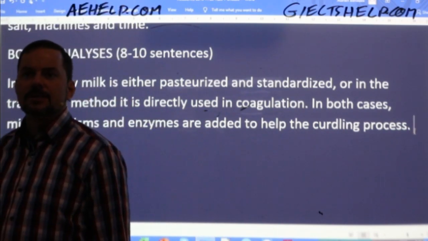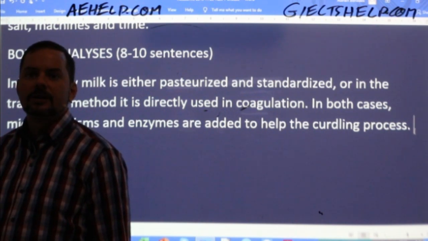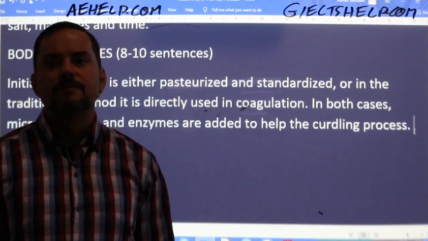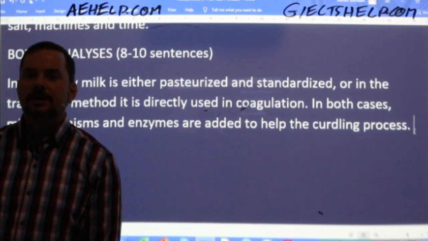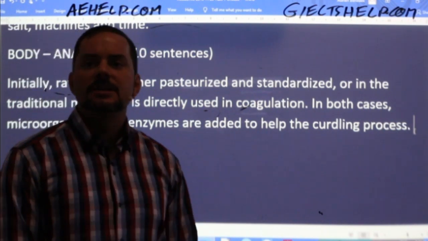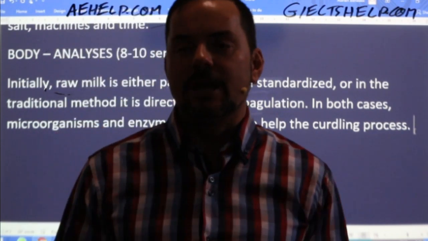Ryuk says, firstly, the milk is required in either traditional method or through pasteurization. Ryuk, good. Just watch your grammar a little bit. I corrected that. Pavan says, it is. Students, don't use contractions. Remember, you have to spell out the words.